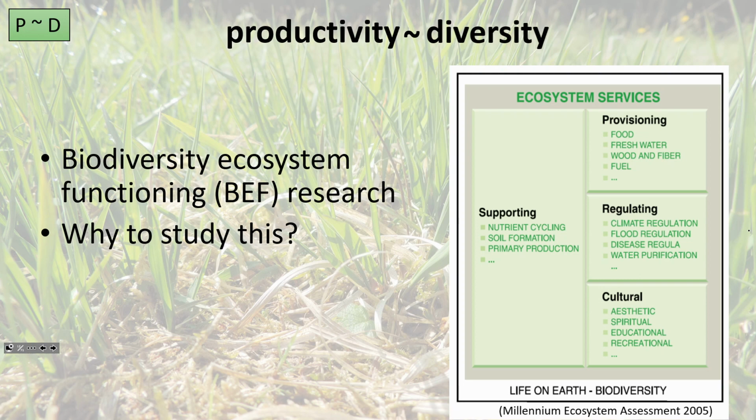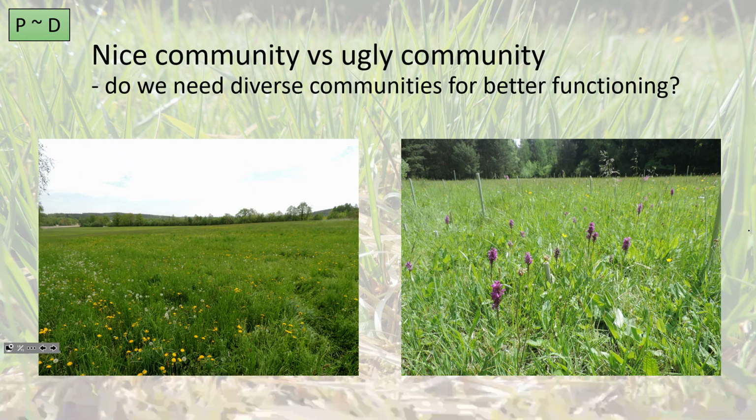Higher diversity is providing us food, it's regulating climate, it has cultural, aesthetical aspects, and so on and so on. Basically, the diversity is driving every function in a community or ecosystem you look at.